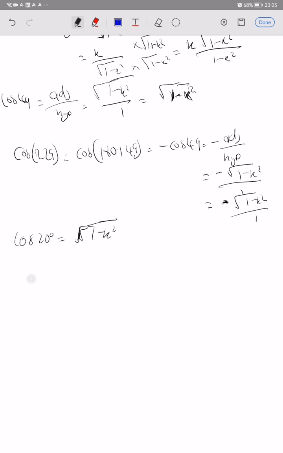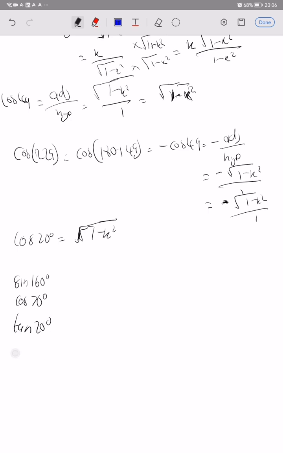This is what I'm having. Then they say find sine of 160. Find cos of 70. Find tan of 20 degrees.